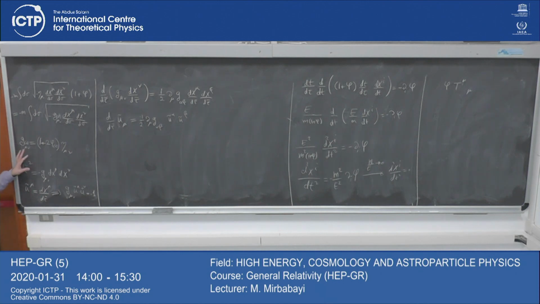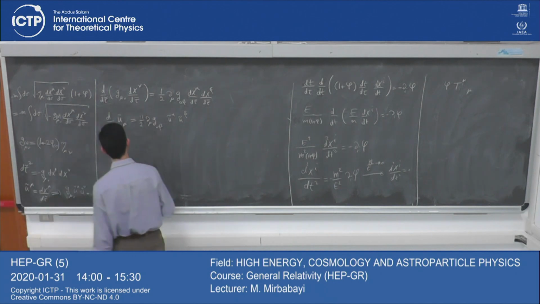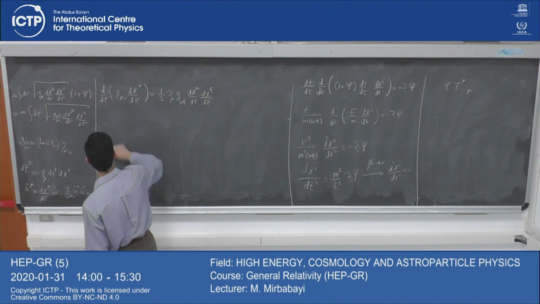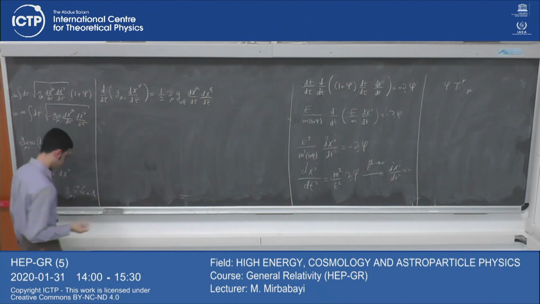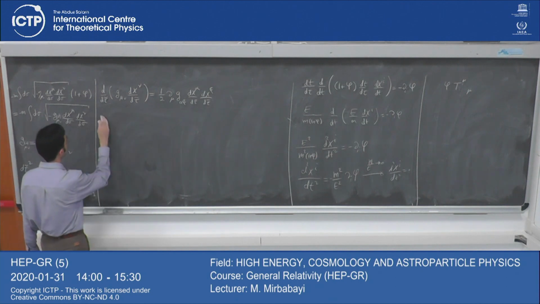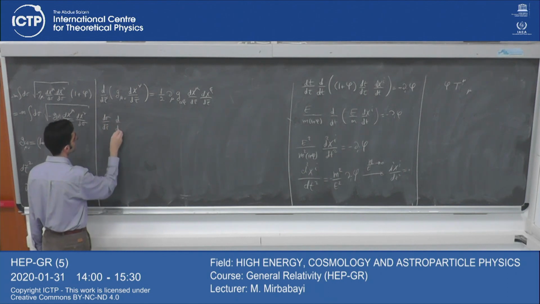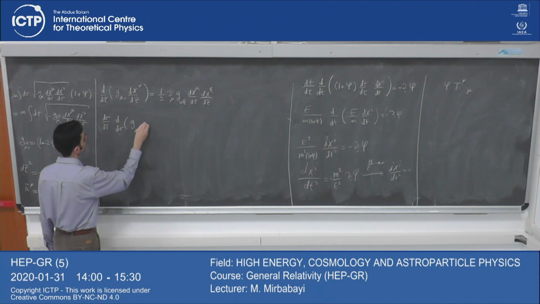It's not ill-defined, it's 0, so writing the derivatives with respect to tau tilde is not a valid thing. I should keep the expression in terms of sigma and do a rescaling of sigma in a proper way. But we can try to do that. So if I write this in terms of sigma derivative, then I will have d sigma by d tau tilde divided by d sigma of g mu.